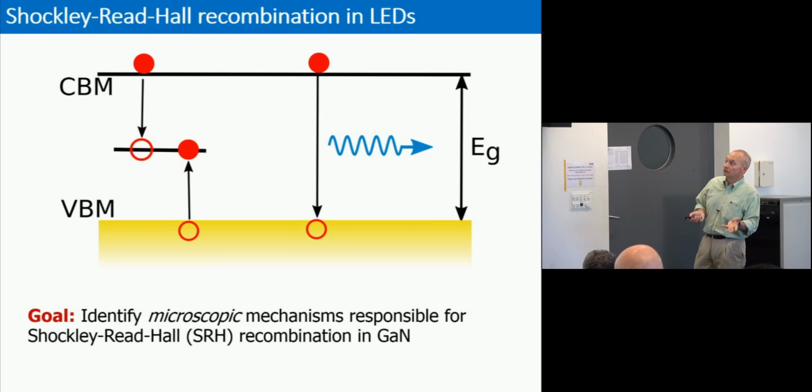But very often, these point defects introduce levels into the band gap of the material. And when such a level is present, you can imagine that instead of an electron directly recombining with a hole, maybe the electron would lower its energy by dropping down to this defect level.